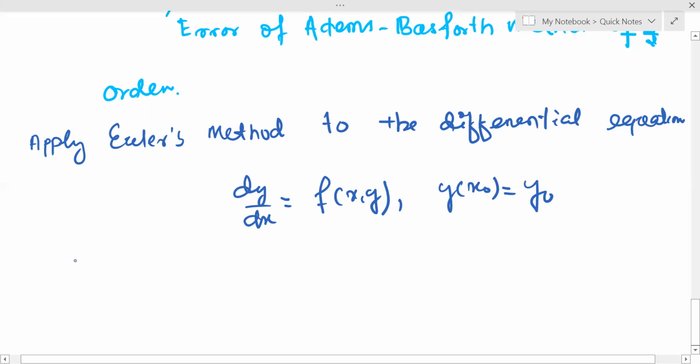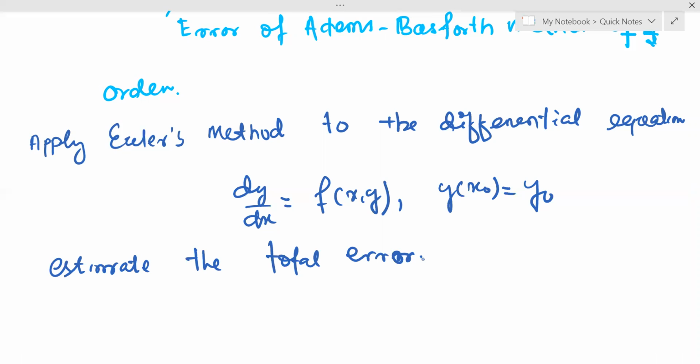Estimate the total error. So just we apply Euler's method and calculate the total error.